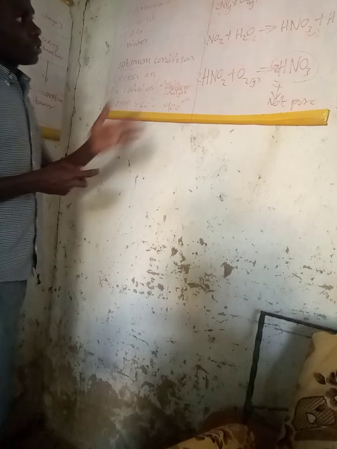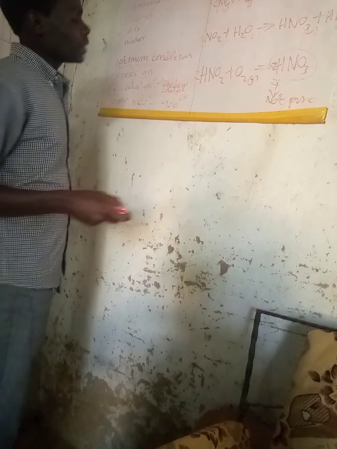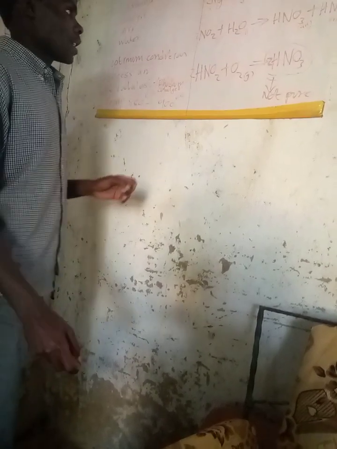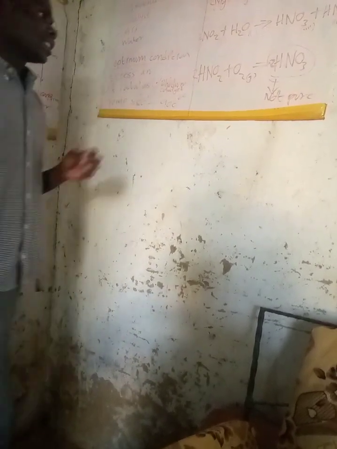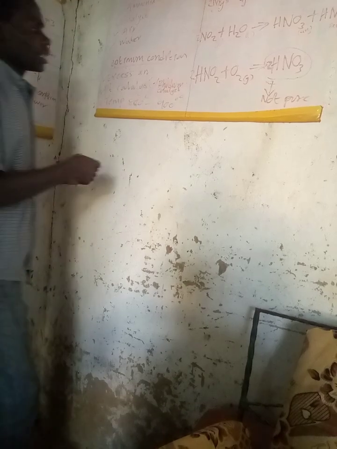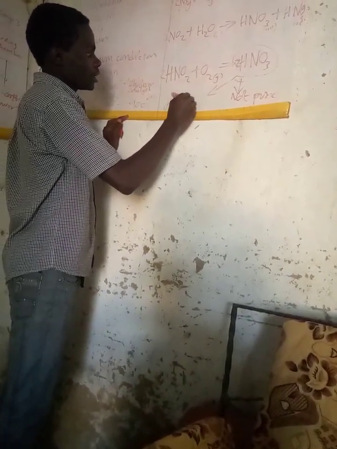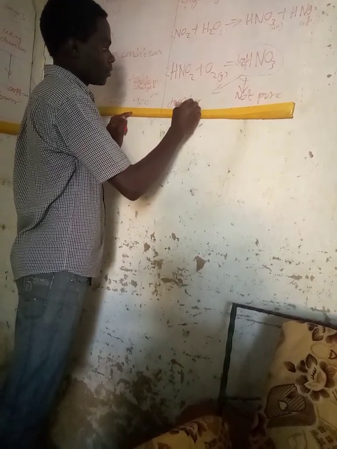So how can we remove these impurities? What we are going to do, we are going to carry out further distillation now to obtain nitric 5 acid that is pure.